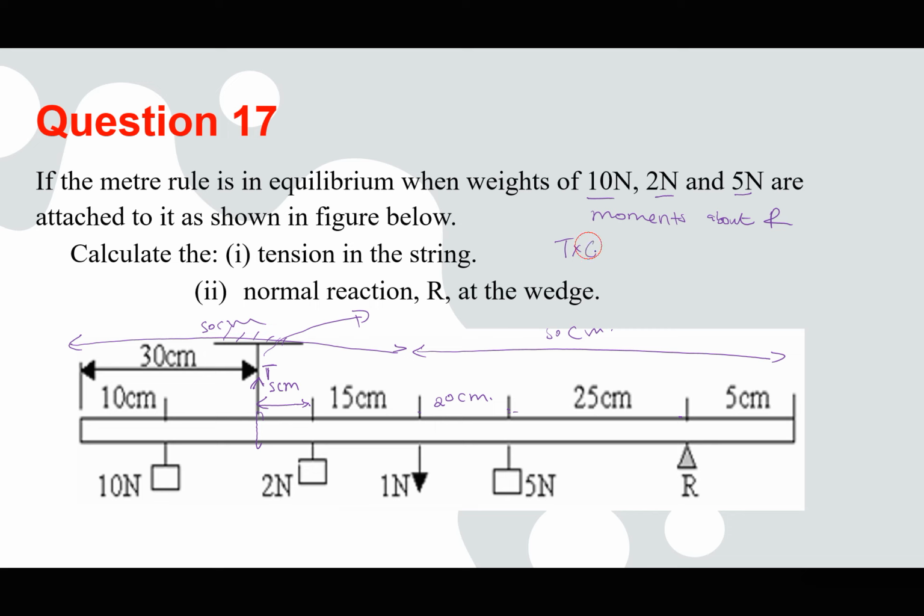So T times 65 centimeters should be equal to, that is clockwise moments. Anti-clockwise, we have 5 newtons, 1 newton, 2 newtons, 10 newtons. These are pulling the beam anti-clockwise if R is fixed. So we have 5 times 25.